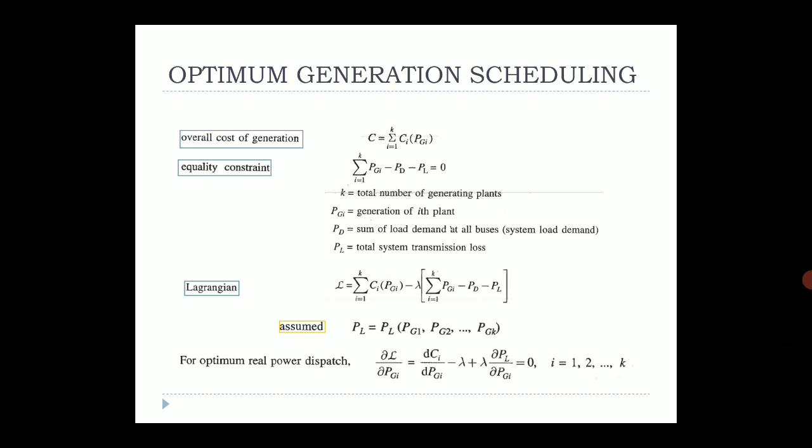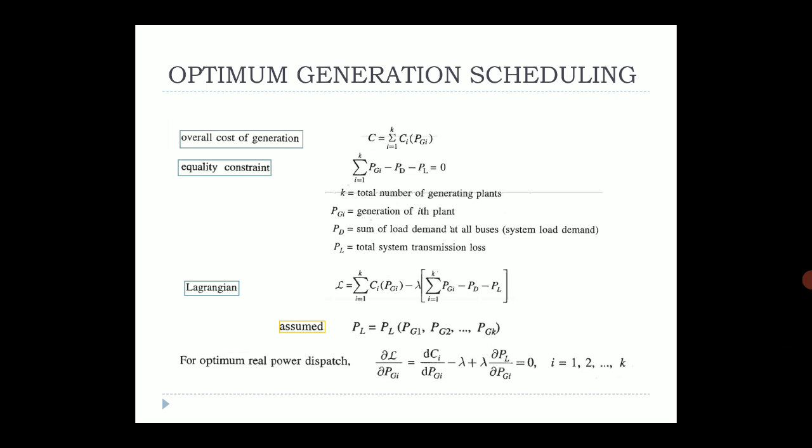Now, in order to find the maxima, we set the differential of the Lagrangian equal to 0. We do not need to get into the theory of the Lagrangian, but this is the procedure for getting the maxima and the minima. Here, what do we need to minimize? We need to minimize cost. And what is the constraint? The constraint is sigma PGi minus PD minus PL equals 0.